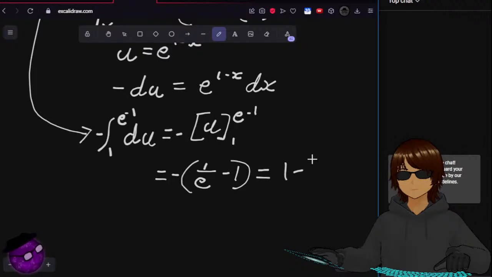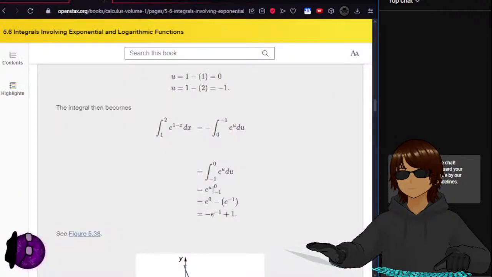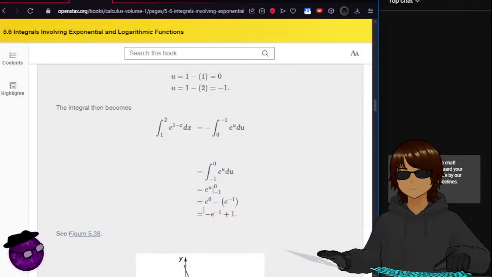Then this gives me 1 minus, is this correct? Okay, yeah, this is correct.